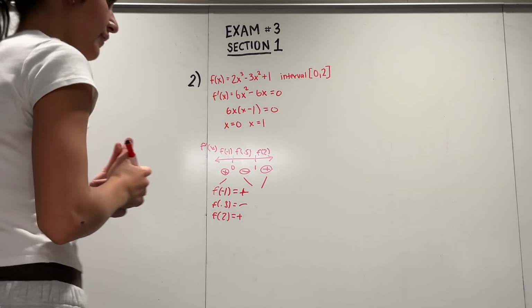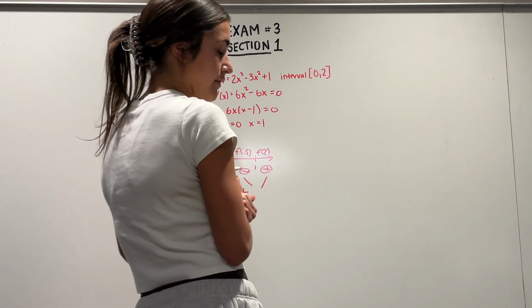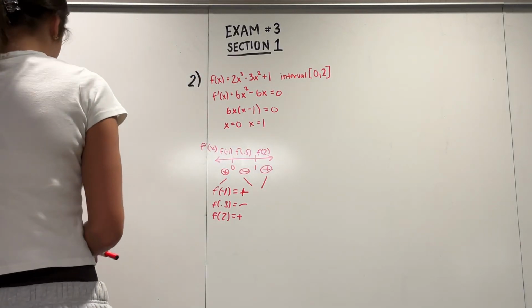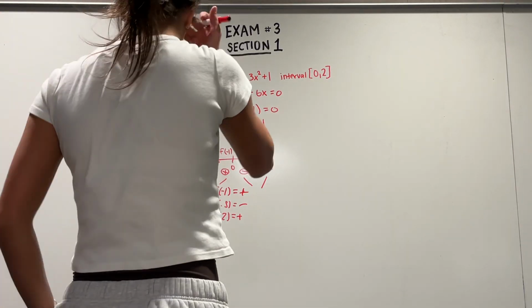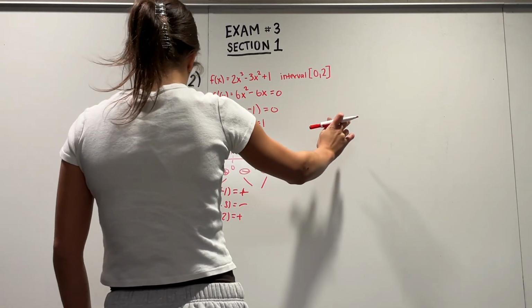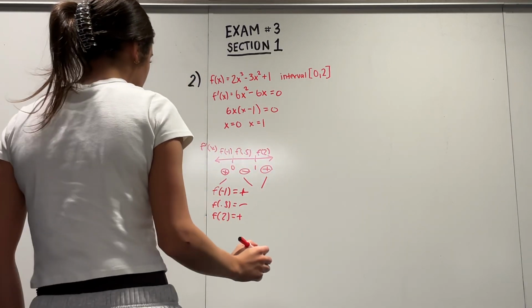And then we're going to find the y value of it. So we have 0, 1, and 2.